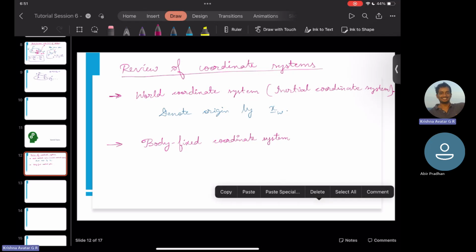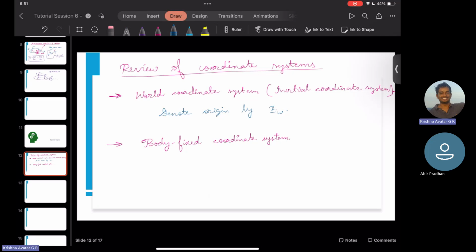And the property about the body fixed coordinate system is, as the name suggests explicitly, that it is, of course, fixed to the body, which we would like to, say, investigate, analyze, or study, right?